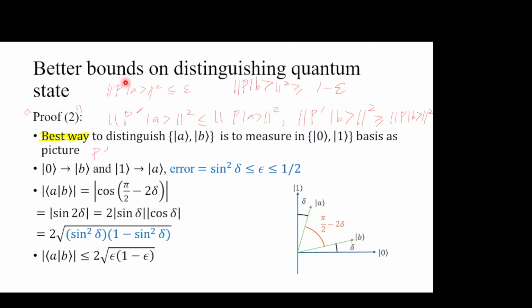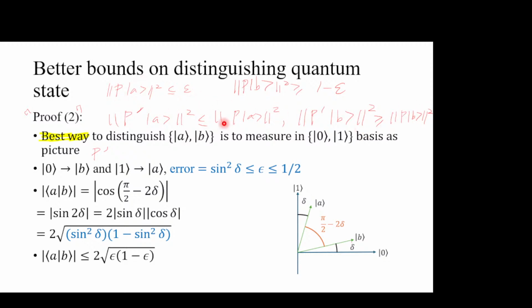Before, we had a measurement P such that if your input is A, then you get outcome P with probability less than epsilon. Because P prime is a better measurement, this probability is less than the P A one. Also, before we said P on B squared is greater or equal to 1 minus epsilon, and since P prime is better than P, P prime on B squared is greater or equal to P on B squared.